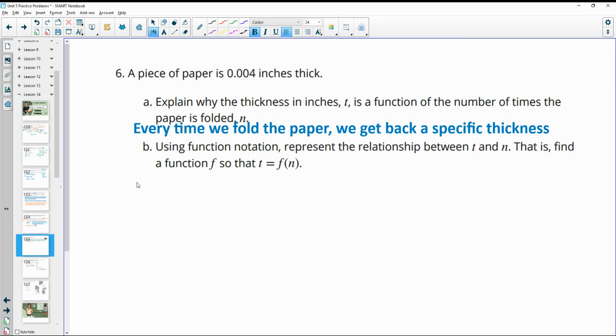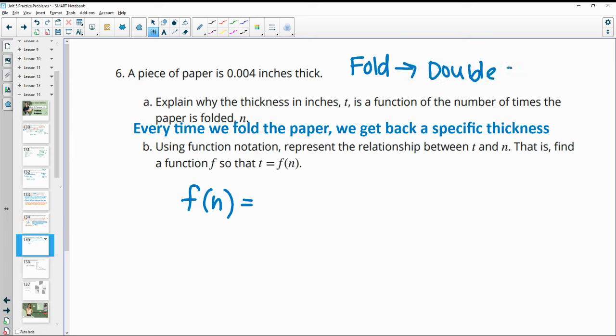So then it says, using function notation, represent the relationship between t and n. That is, find a function f that t equals f of n. So we're going to use f of n, with n being the number of folds. So now think about this. When you fold a paper, it doubles the thickness, because it lays that many more slices of paper on top of itself.